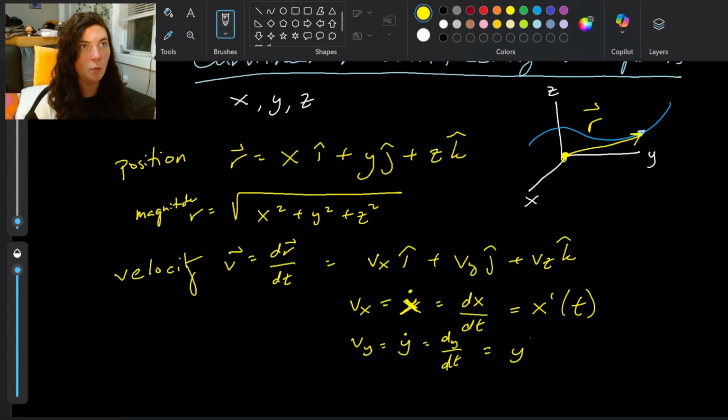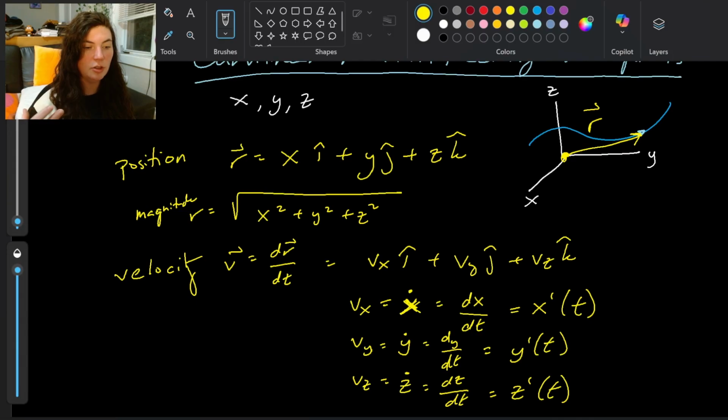And it's the same as y prime of t, where y has to be a function of time. Derivative with respect to time. Vz is our z dot, derivative of z with respect to time, or z prime of t.